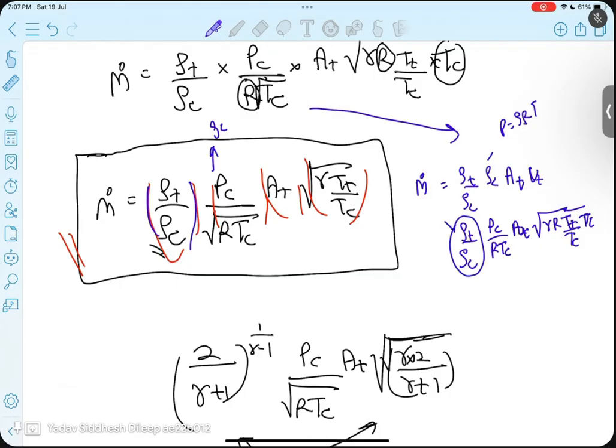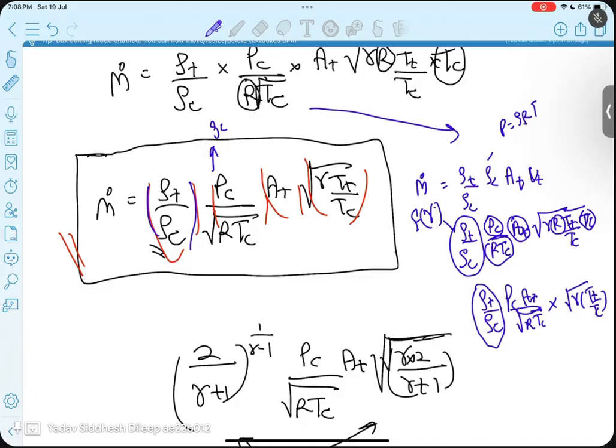This you have in terms of gamma, a function of gamma. PC by R, PC let it be, AT let it be. You see here, R TC, here R TC. So it will be rho T by rho C, PC, AT, root R TC into under root of gamma TT by TC.